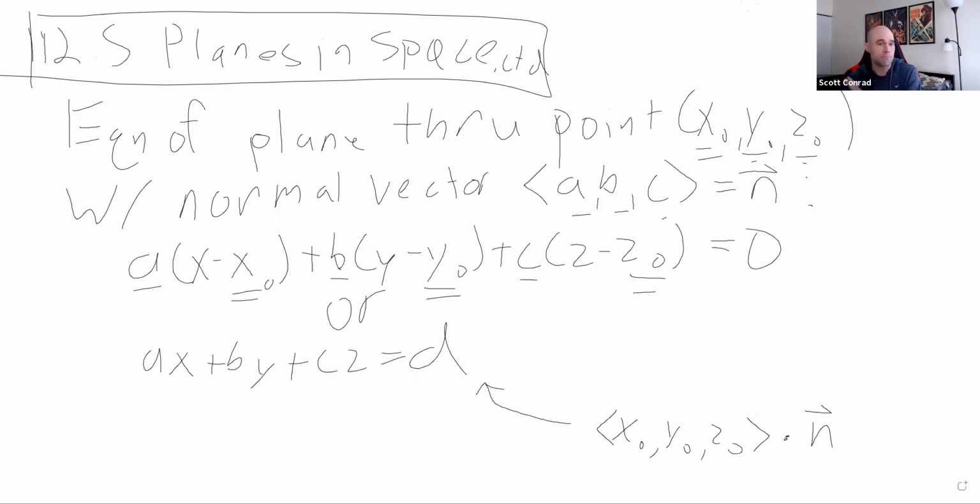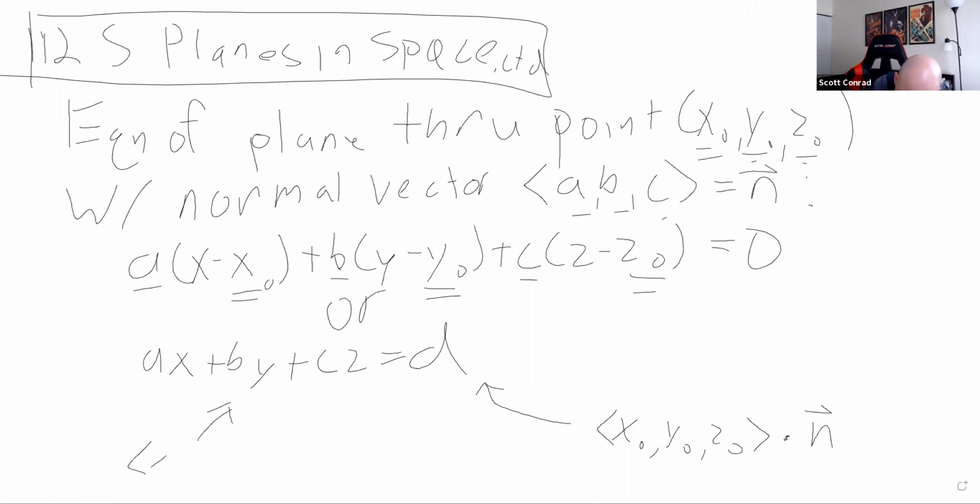That constant is just a dot product of those. And in fact, it doesn't matter what point you pick, x naught, y naught, z naught. You can pick any point on the plane, and when you take the dot product of the position vector for that point and the normal vector, you get the same constant.